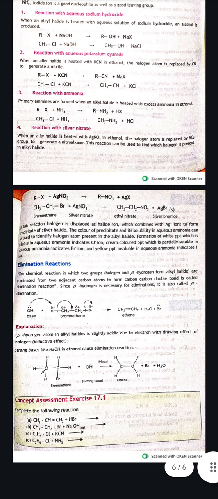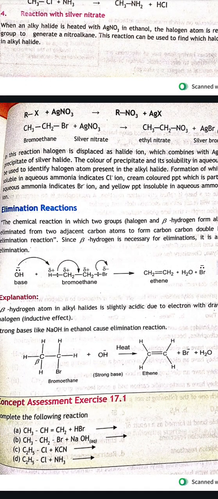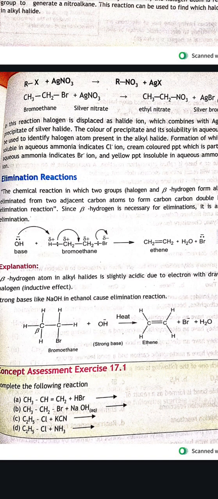Now we have elimination reaction. In this reaction, two groups, halogen and beta hydrogen, are eliminated from two adjacent carbon atoms of the alkyl halide to form a carbon-carbon double bond. Since beta hydrogen is necessary for elimination, it is also called beta elimination. One beta hydrogen and one halogen are removed from the molecule.